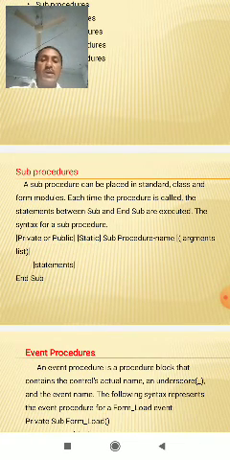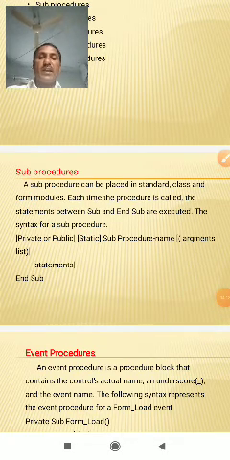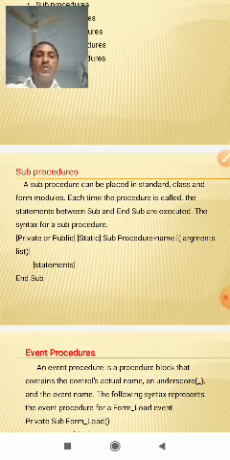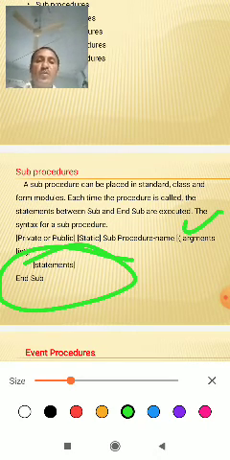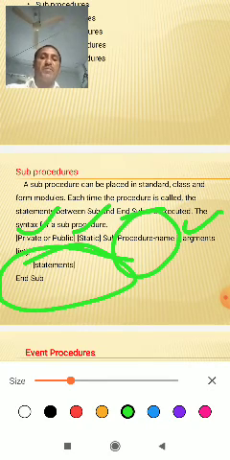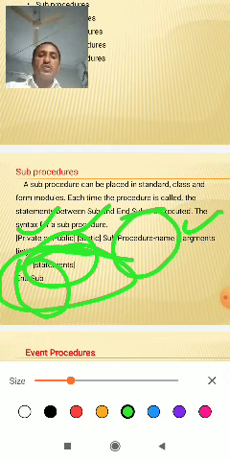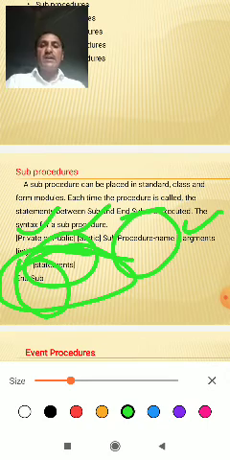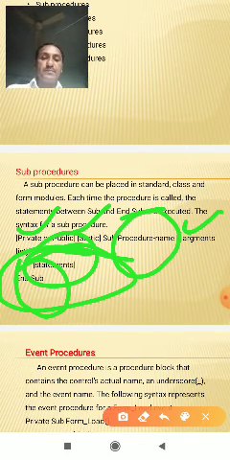This is called a procedure. Then the sub procedure has the body of the program, a list of arguments, and Public or Private with the procedure name, ending with End Sub.